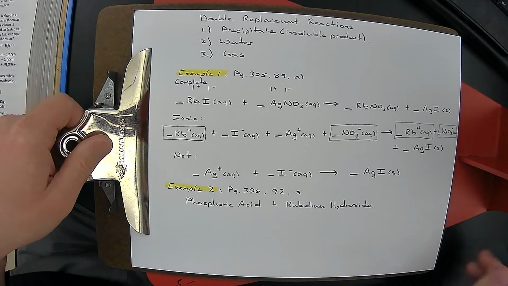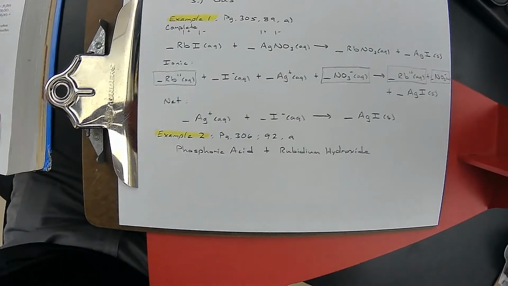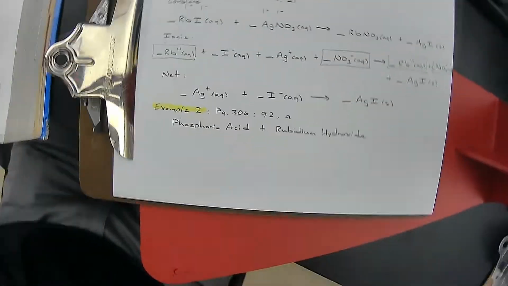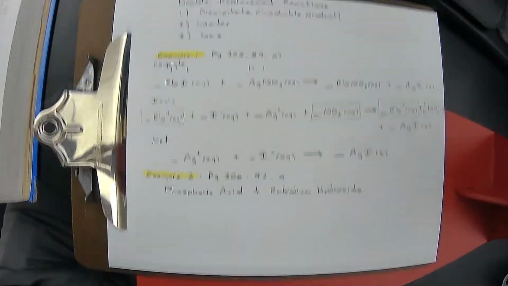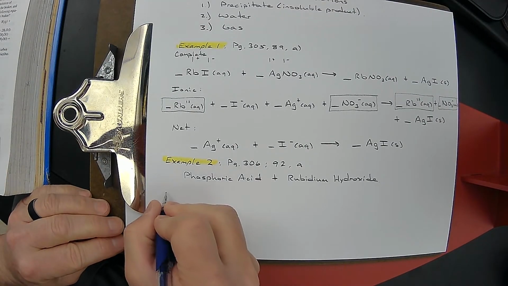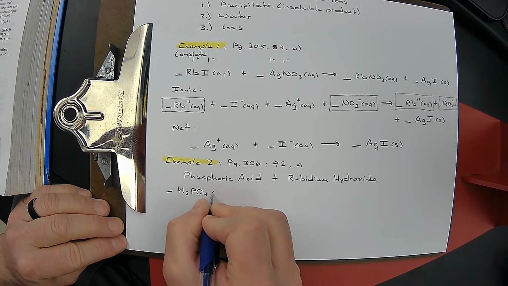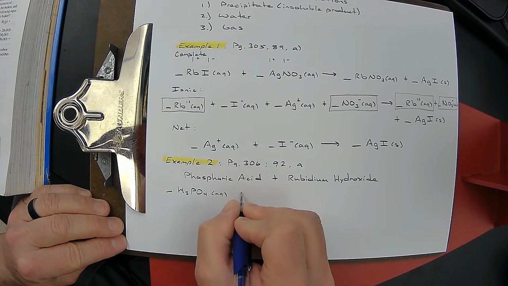And then we'll figure out what the products are from those two reactants. So phosphoric acid is H3PO4. It is an aqueous solution.